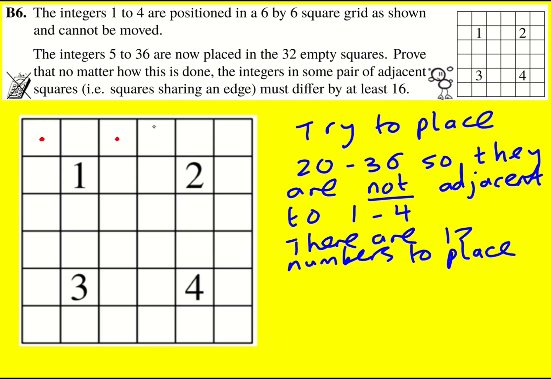We could count them. So these are all the squares that are not adjacent. Oh, sorry. That one's adjacent and that one's adjacent. My bad. Then we've got 4. We've actually only got 16 places.